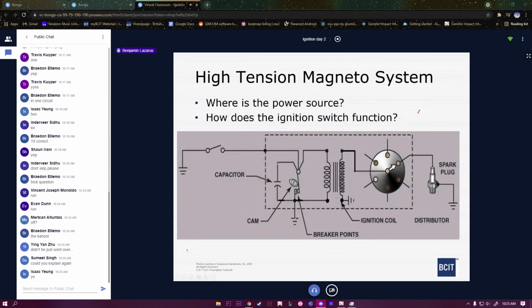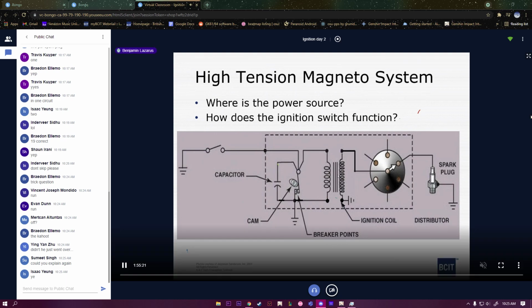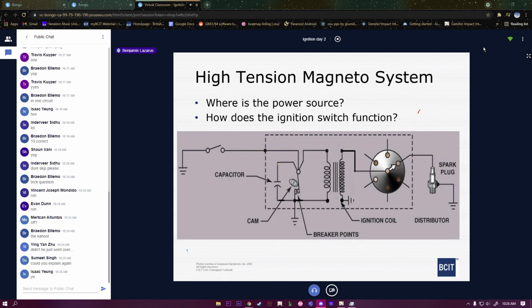This magneto, this drawing here, I've got a circuit right here. To induce a spark, what do I need to do? What induces the spark in this circuit? What triggers the spark?